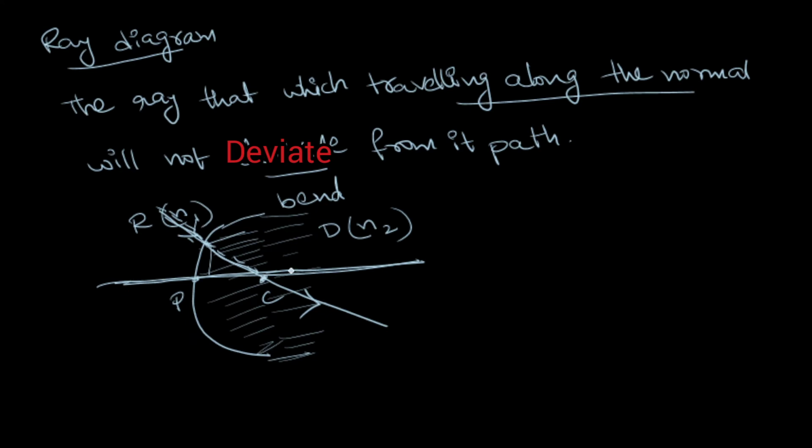Therefore it is also a normal, right? And if this is the incident ray, after refraction what happens? The ray will move in the same path only. The ray will move along the normal only. It will not deviate, it will not bend after refraction.